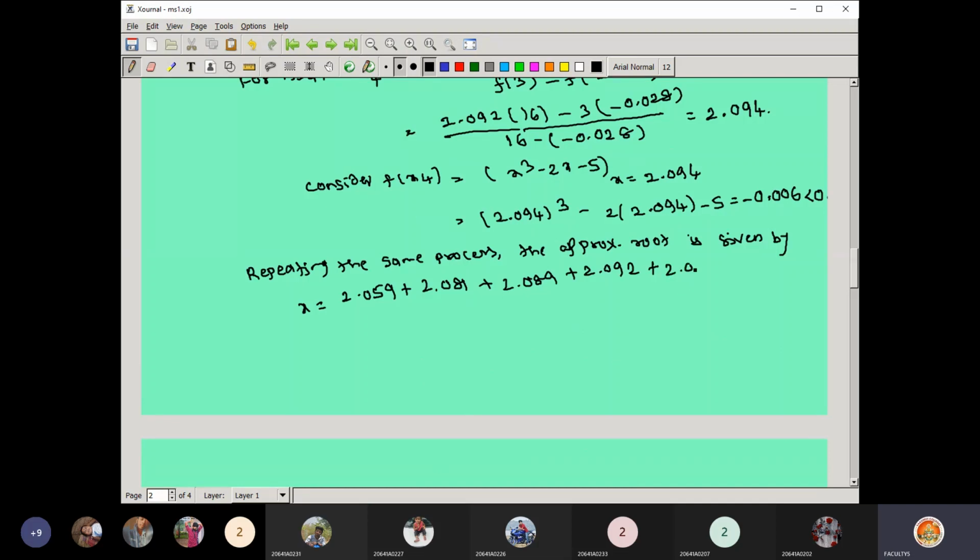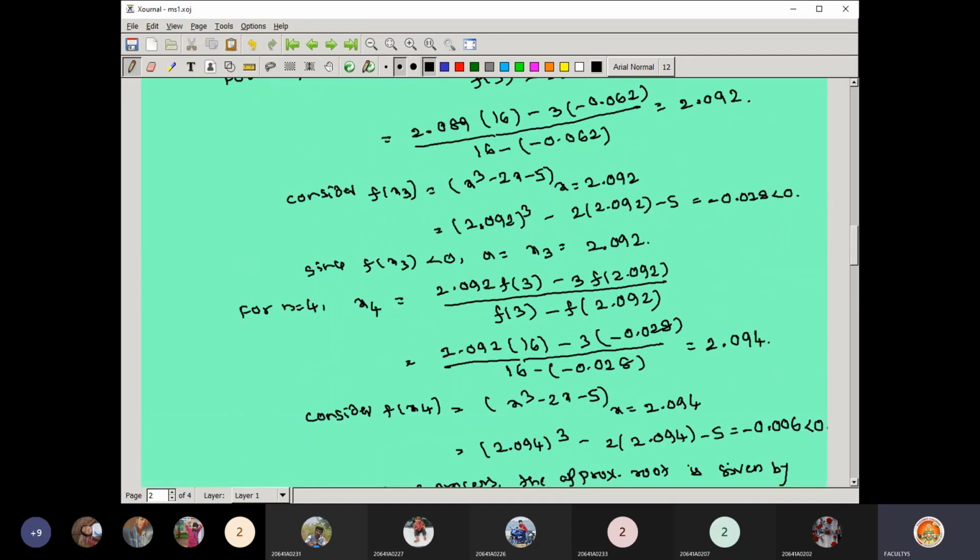Total it is divided by 5, you are just taking the average of all the calculated approximate roots. Tell me roughly what you get. Approximately, are you getting 2.09? 2.083. Right, 2.083. That is your final answer.